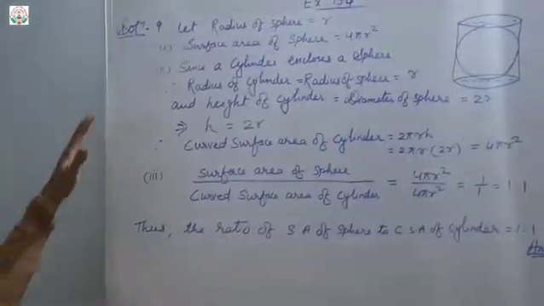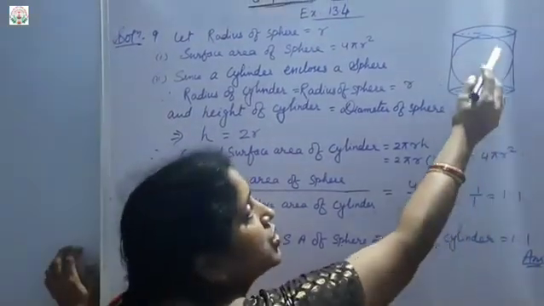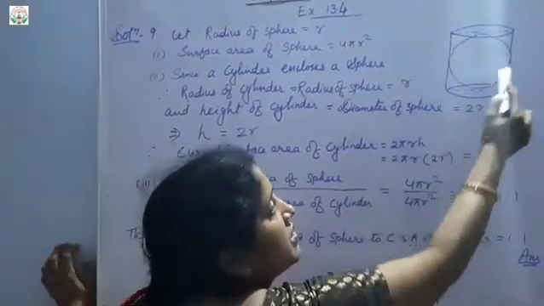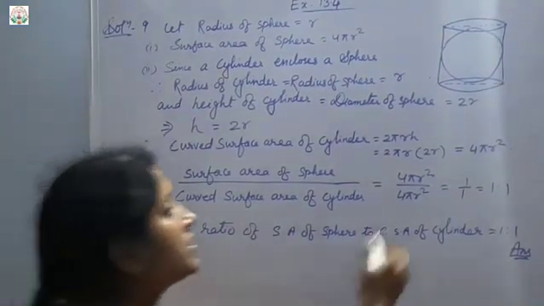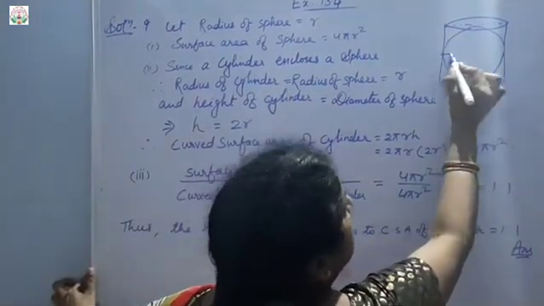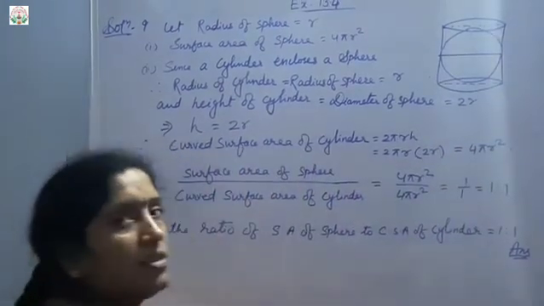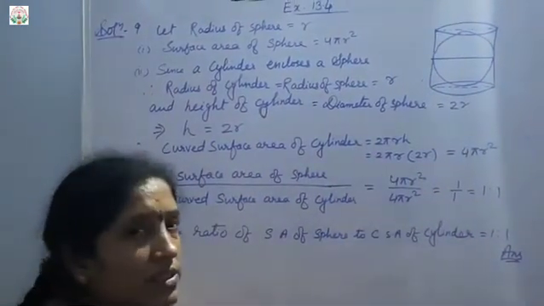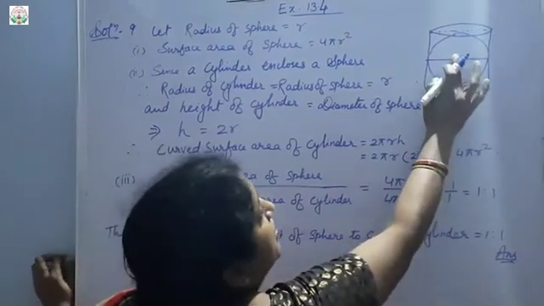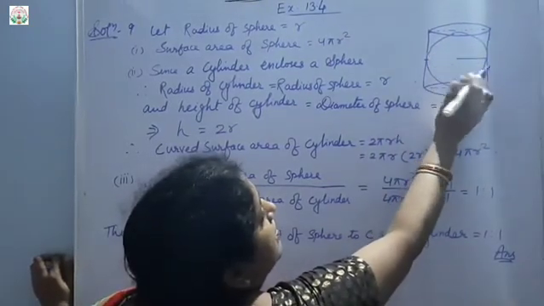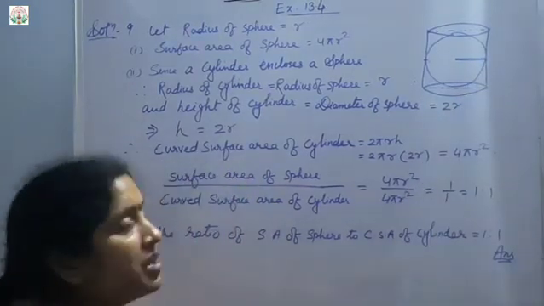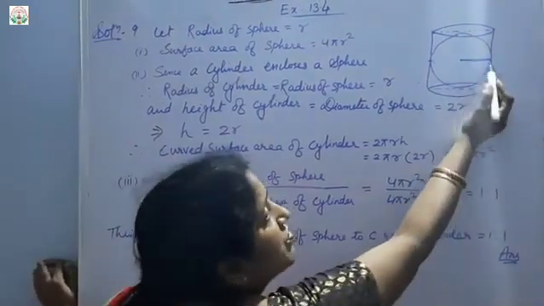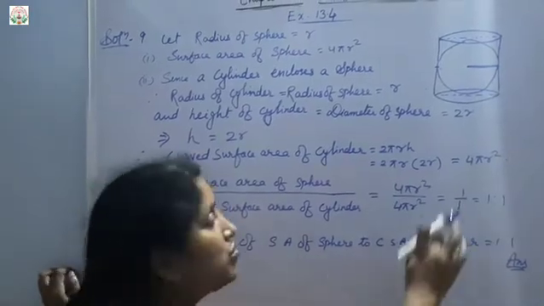Now let us see the question. The figure is like this. A sphere is enclosed by the cylinder. So when it is enclosed by the cylinder, you can see the diameter of the sphere is the diameter of the cylinder. That means the radius will be half of it. So half of this is the radius of the sphere. In the same way, that will be the radius of the cylinder also.